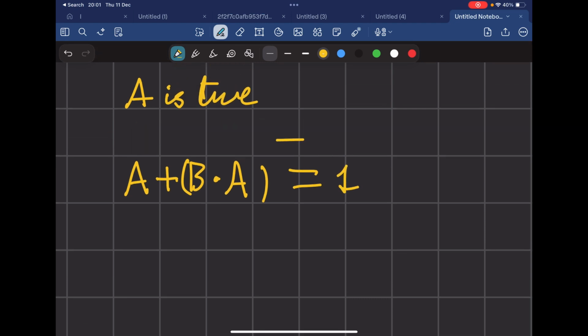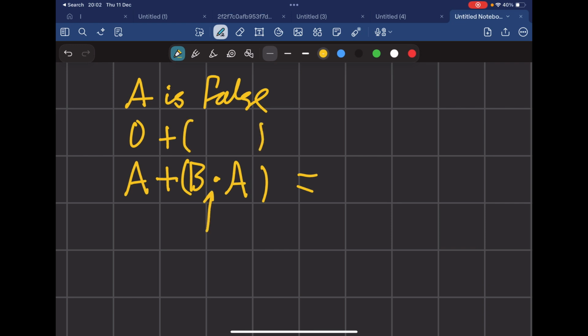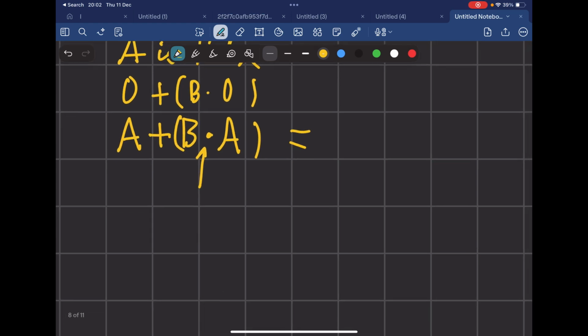Now what happens when A is false? We have 0 plus a conjunction, so we have A and B, which is 0 and something, and anything and 0 is just 0. So this entire thing becomes 0.